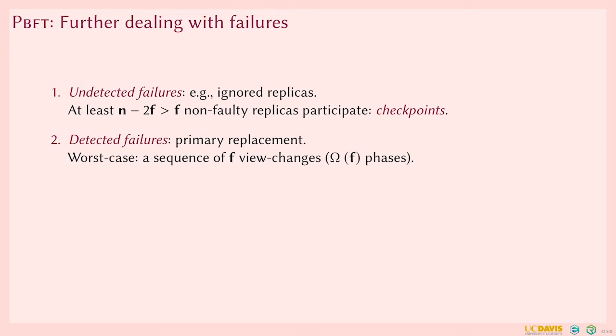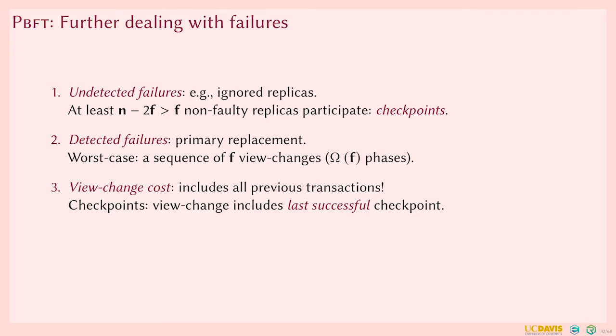We've already seen that with detected failures we do primary replacement, but that's not the whole story, because after I replace a primary, the new primary can also be faulty, so that also needs to be replaced. With f faulty replicas, in the worst case we can get a sequence of f of these view changes, and this of course correlates with the lower bound on the number of phases for any consensus protocol.